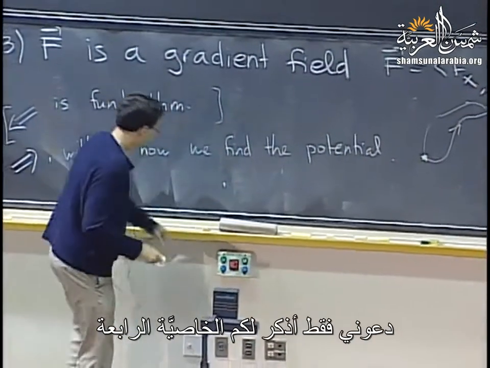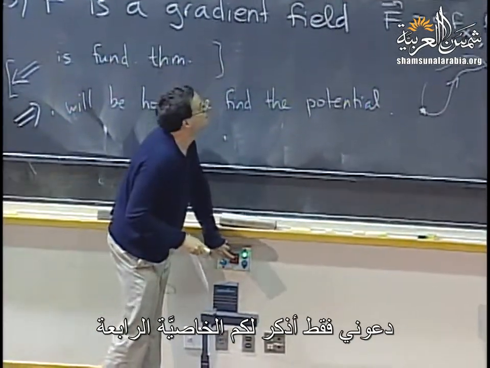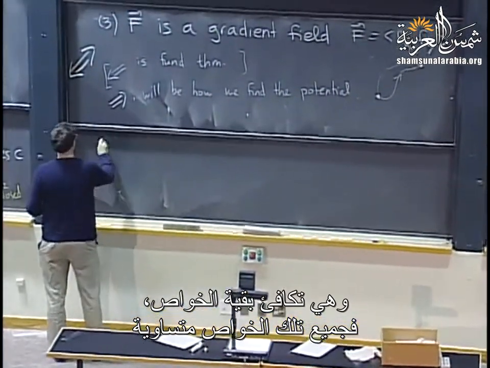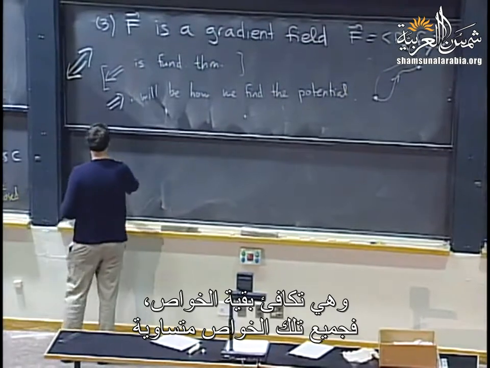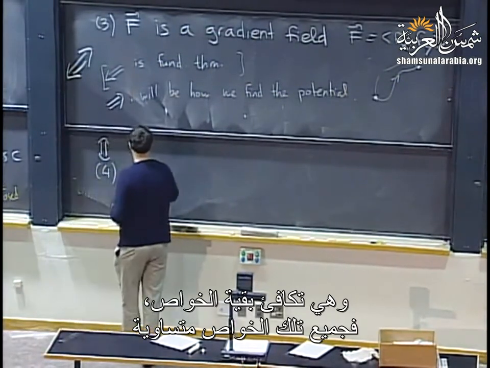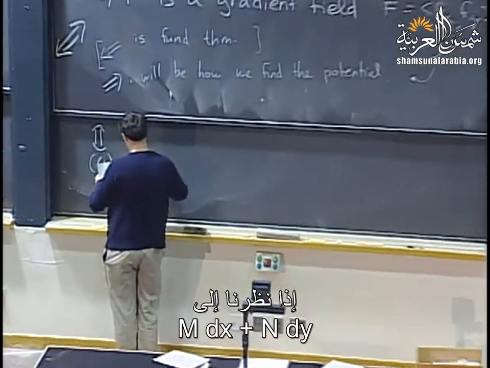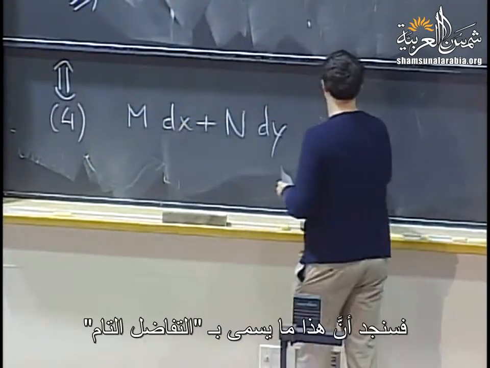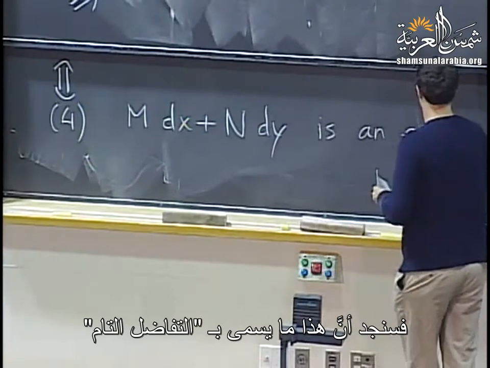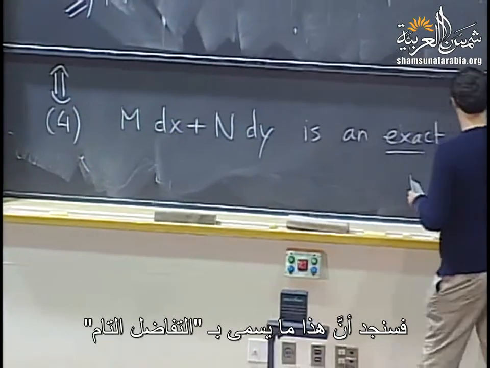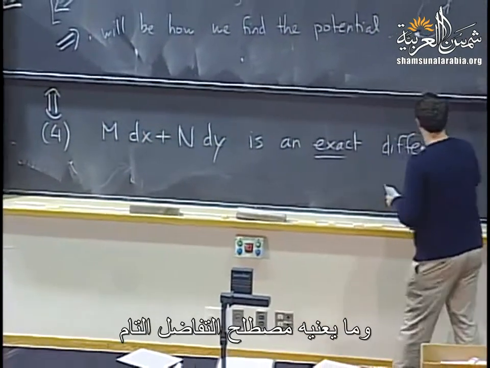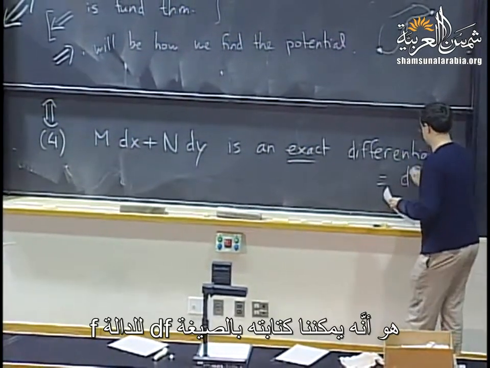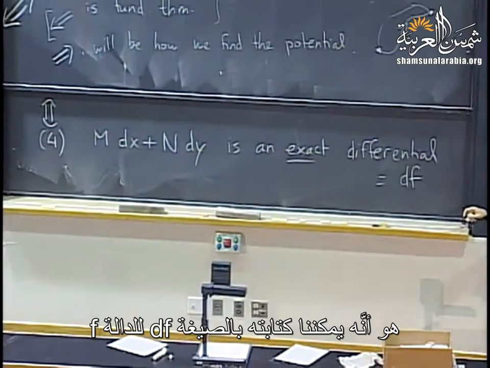And let me just state a fourth property that's the same. So all that stuff is the same as also 4. If I look at M dx plus N dy, it is what's called an exact differential. What that means is it can be put in the form df for some function f.